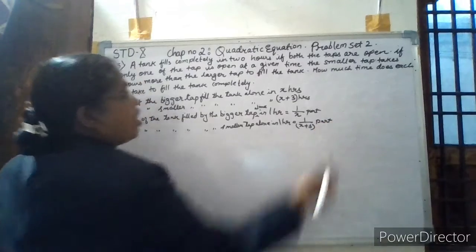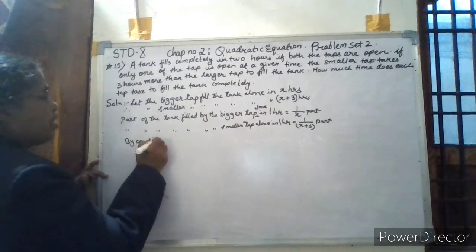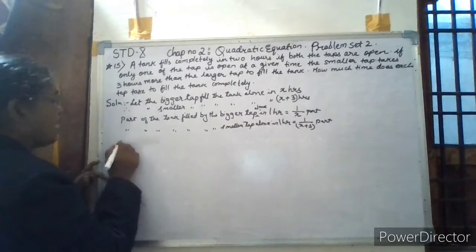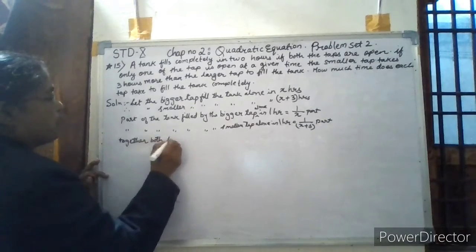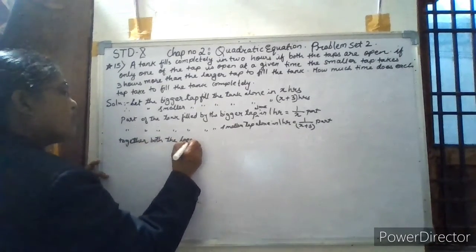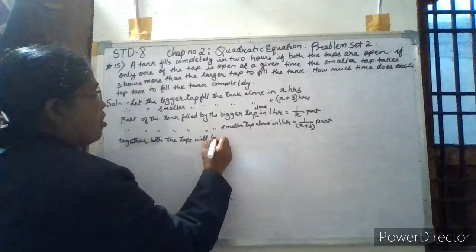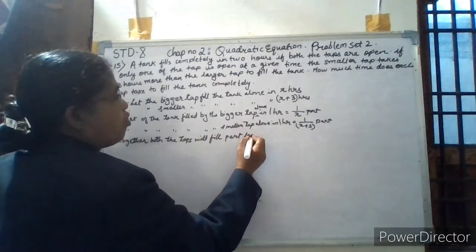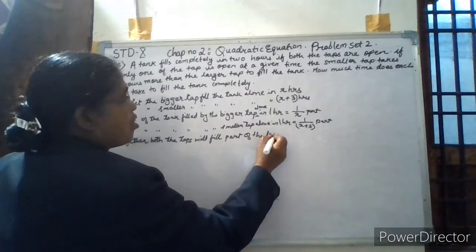Now, by the condition given, together both the taps will fill part of the tank in 1 hour.